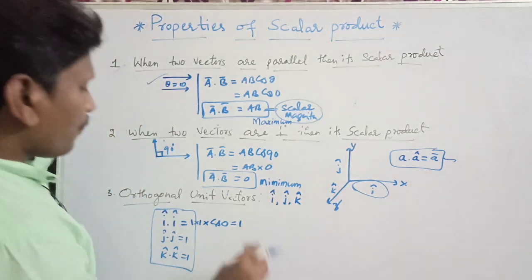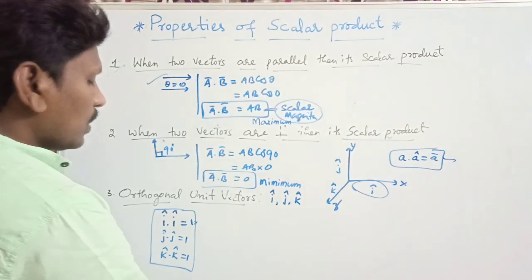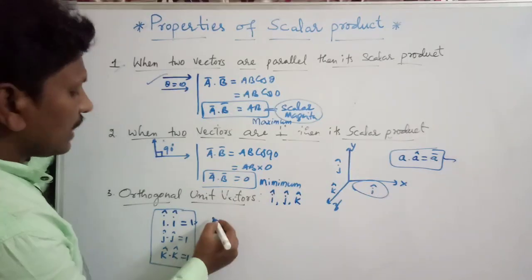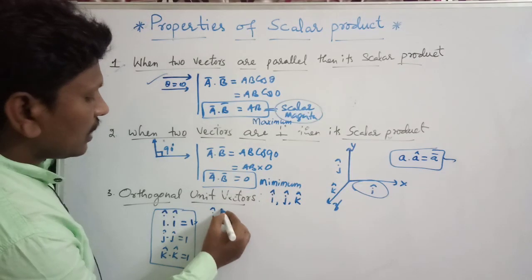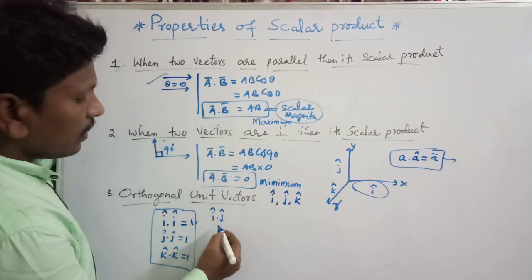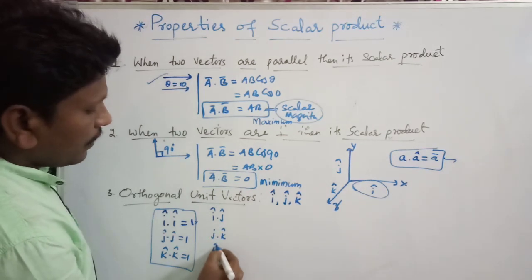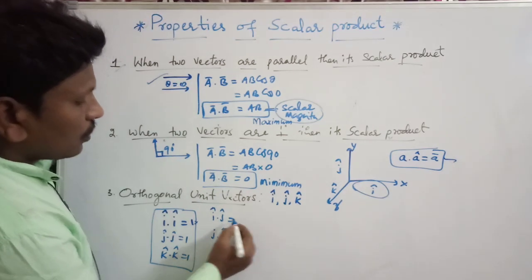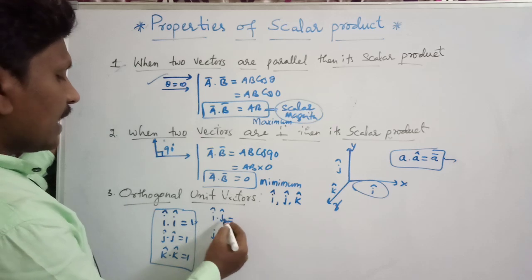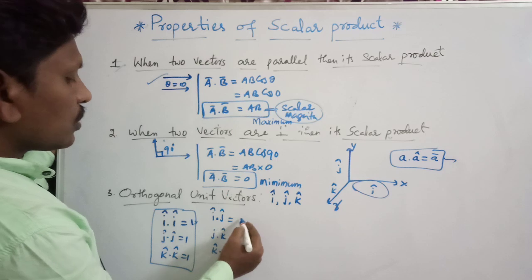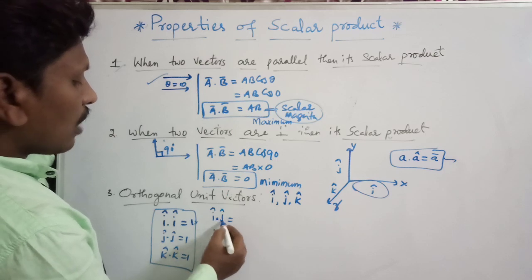So next, if you take the dot product of two different unit vectors like i cap dot j cap, j cap dot k cap and k cap dot i cap, tell me, the dot product of two different unit vectors is equal to what? They are normal to each other.